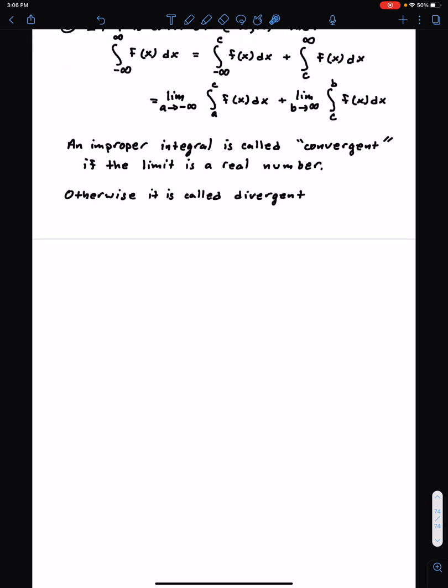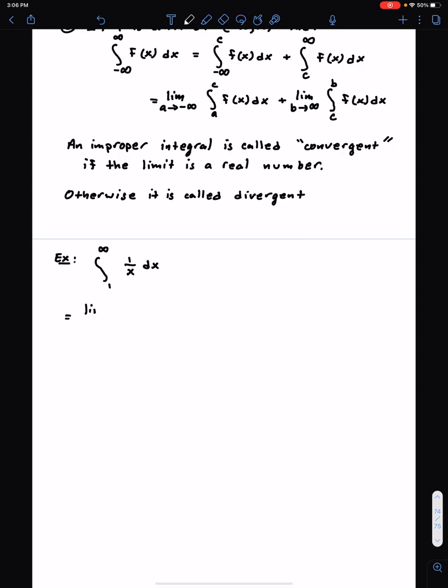So evaluate the following integrals. The integral from 1 to infinity of 1 over x dx.